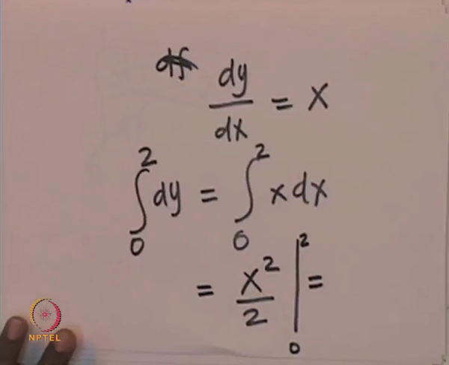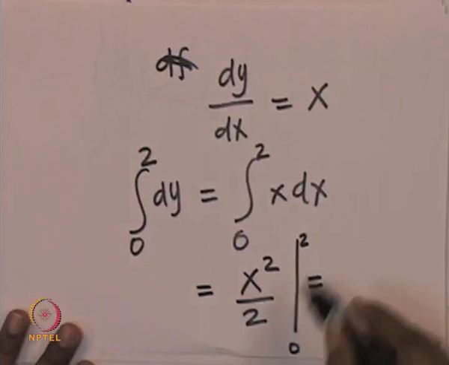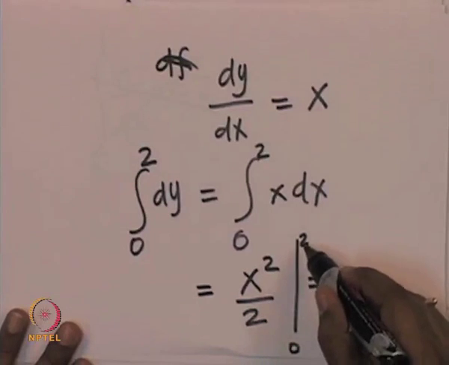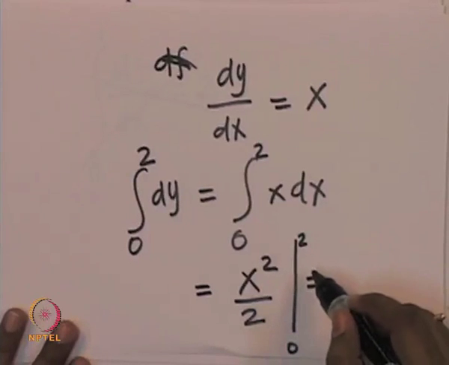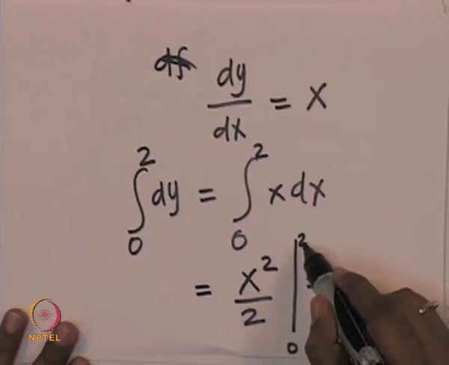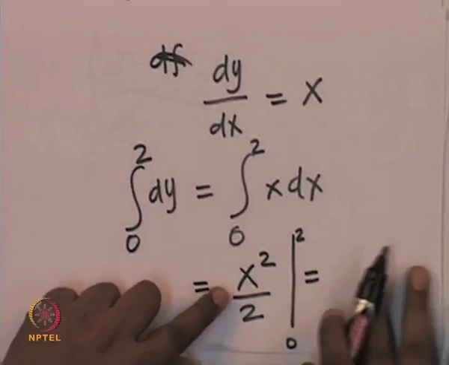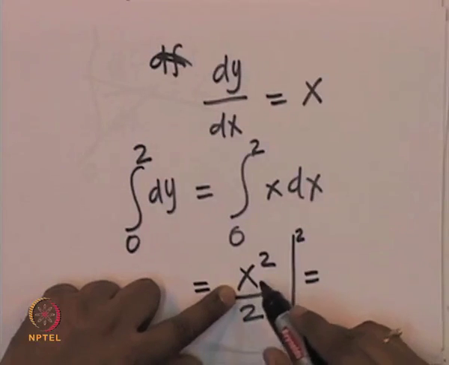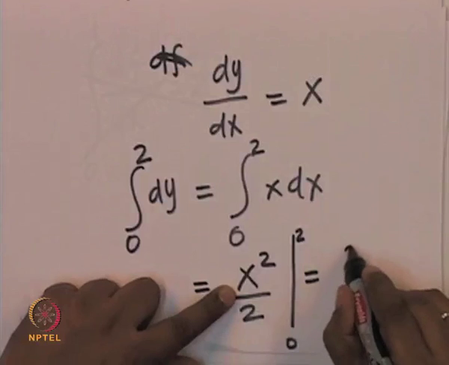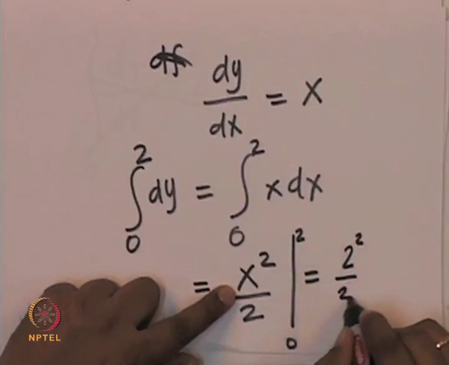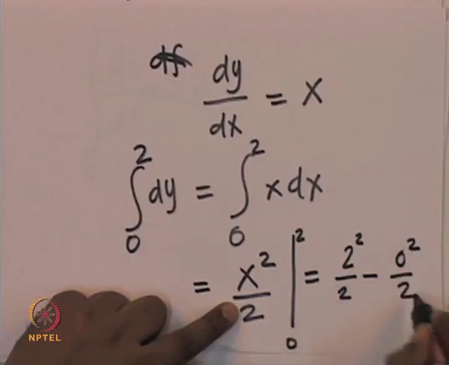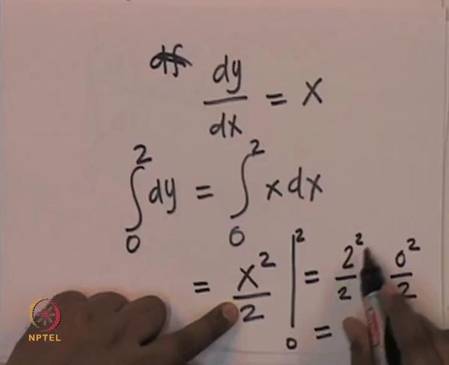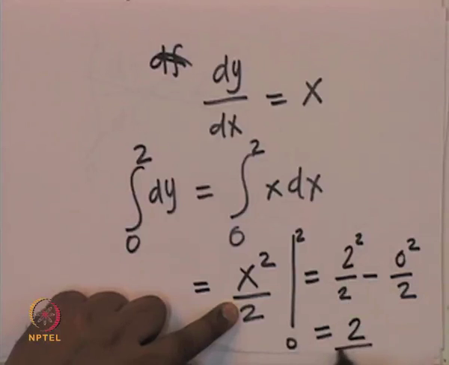This vertical line with 0 and 2 means that we evaluate x square by 2 at 2 first, which is 2 square by 2, minus 0 square by 2. So, 2 square is 4, 4 by 2 is 2, and the answer is 2.